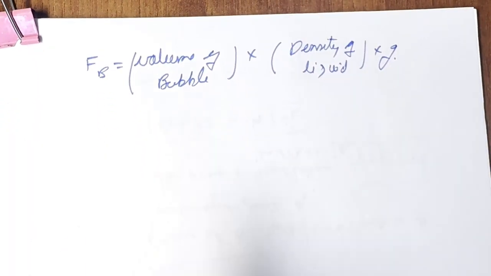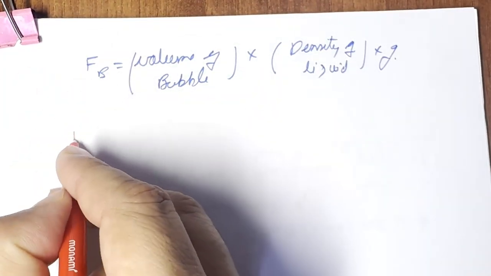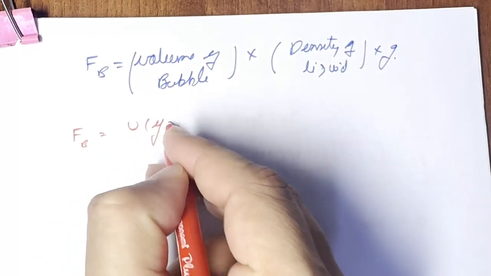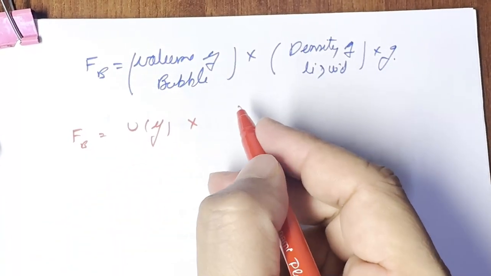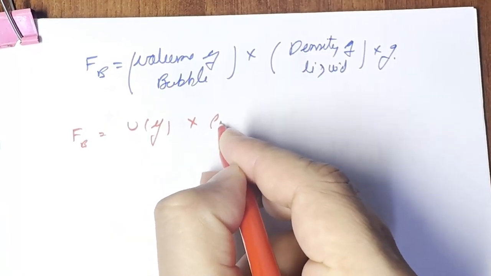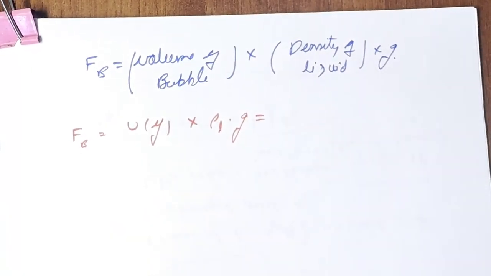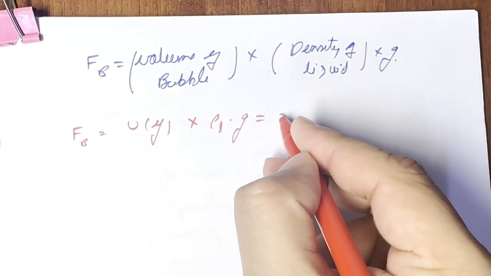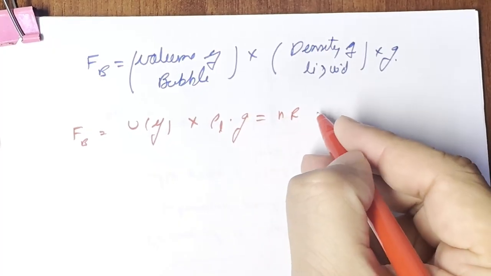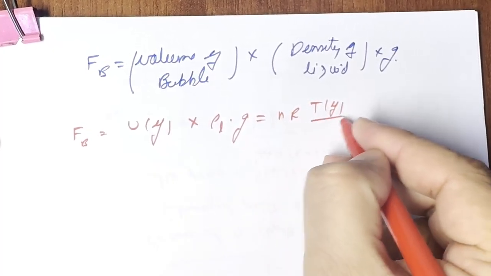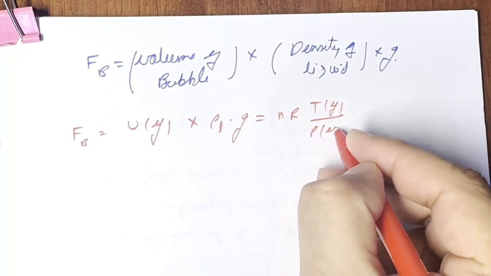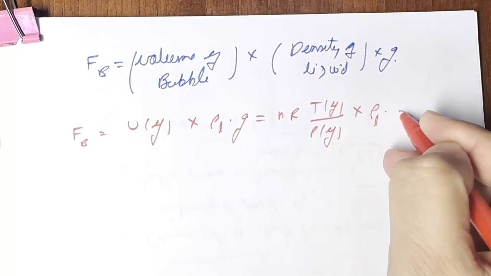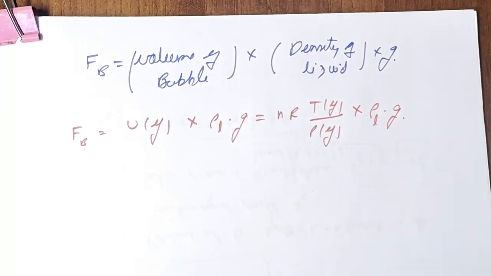So we substitute the values. FB will be equal to the volume, which we said is V of Y, times the density of the liquid, rho L, times g. And we substitute the value of V of Y, which is nR T of Y divided by P of Y, multiplied by the density of the liquid and by g.